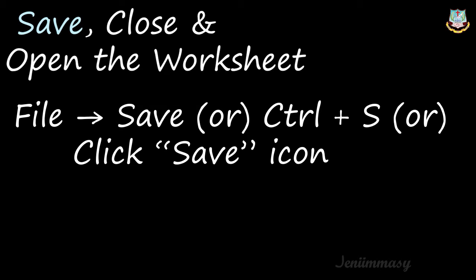There we can just type the name, and this will be stored with the extension .ods. By default, if you don't give this also, it will automatically be saved in this format only. And at last you have to give Save, okay? The bottom corner will have a Save button there. You can just click it there, right?